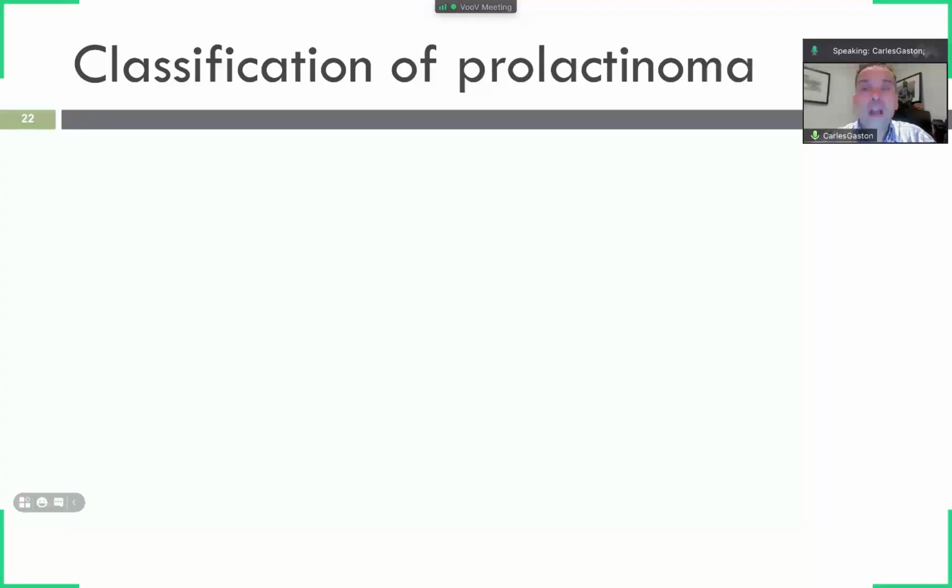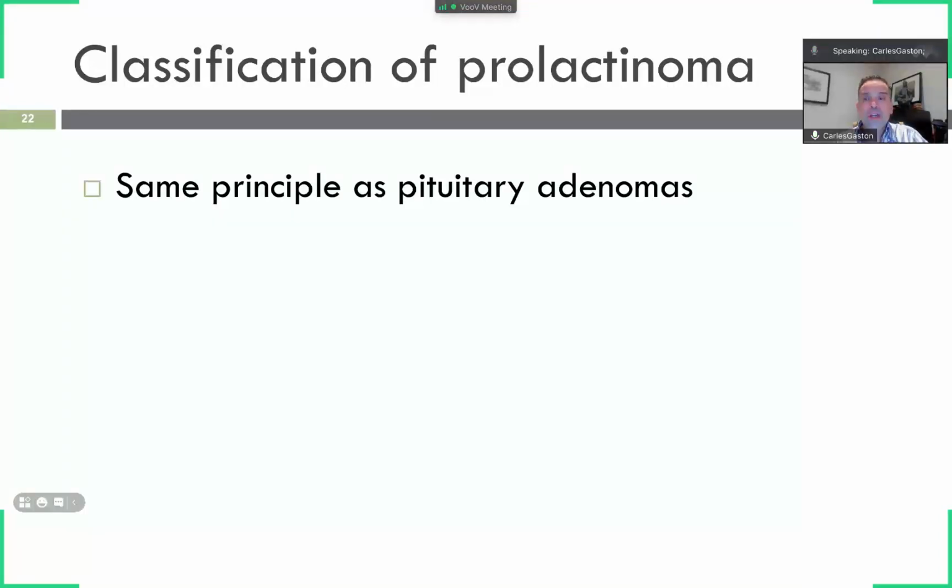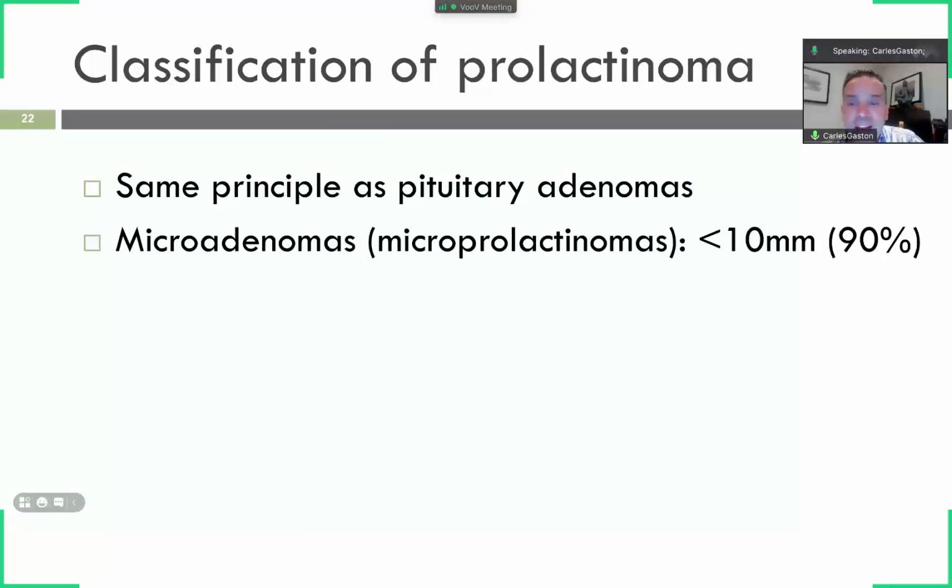How do we classify prolactinomas? Again, these tumors are classified by size, just like adenomas. So it's the same principle as pituitary adenomas. They are classified as microadenomas or microprolactinomas when they are smaller than 10 millimeters, and these make up 90% of all prolactinomas.